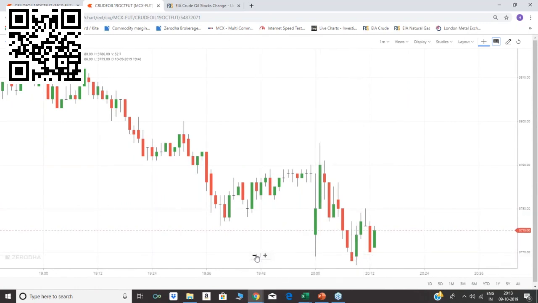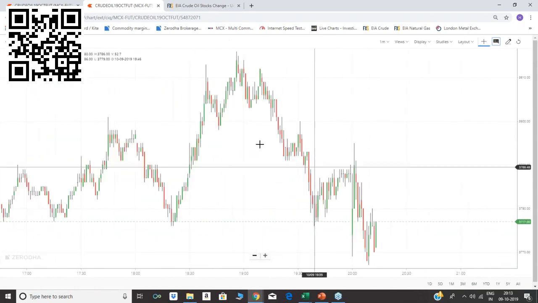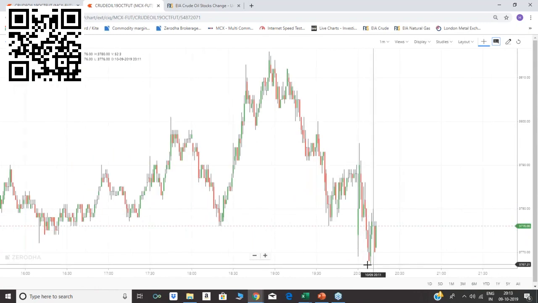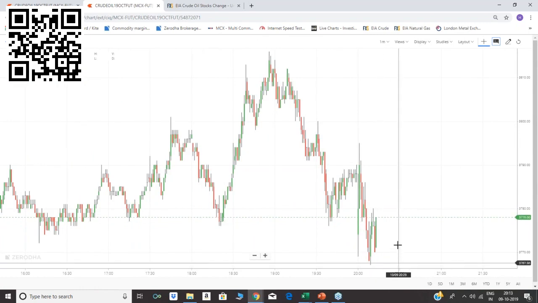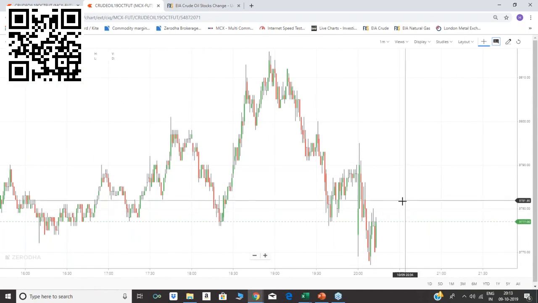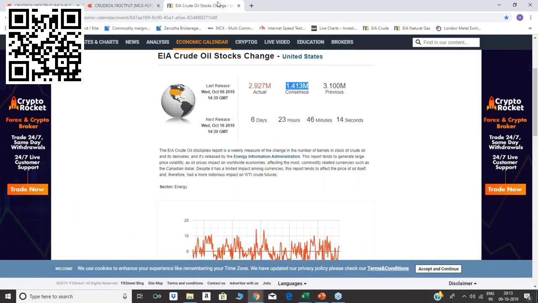Yeah, so right now, today, luckily, this data is following according to the inventory and the support zone has not been broken. Once it gets broken, then we may get a further downtrend. Again, it is at 78, but this is expected in the inventory. So this is the way we need to study inventory data.